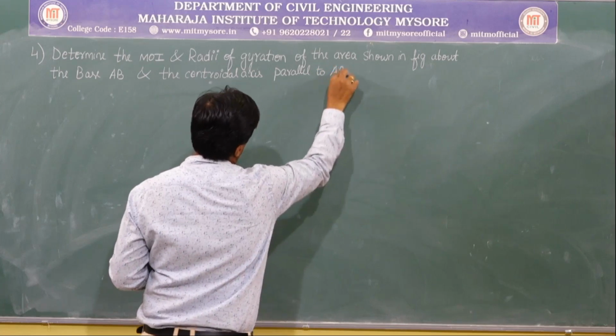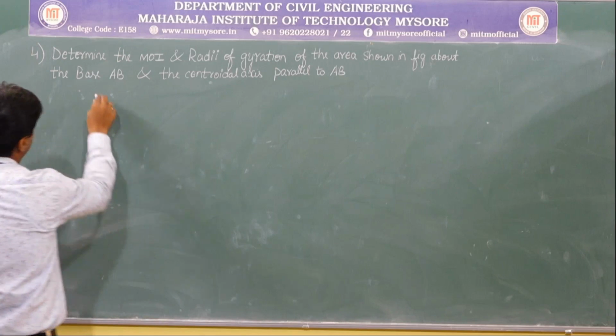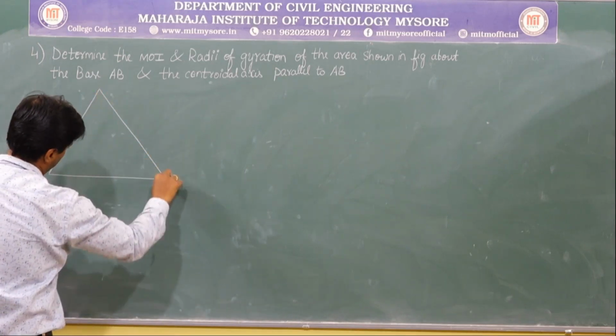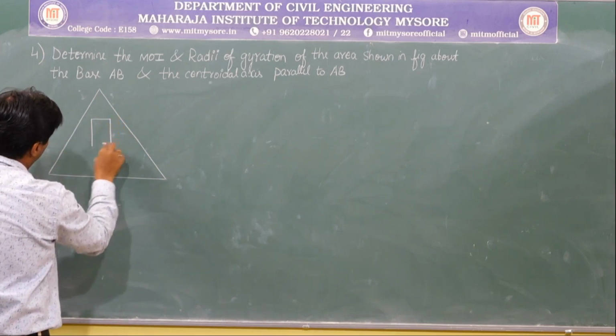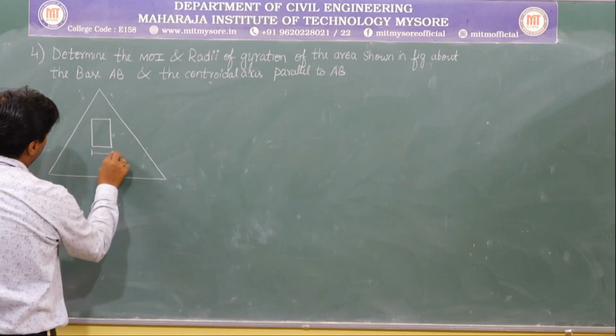This is the question. Let me write down the diagram, then you will understand. So, the diagram is like this. We have a rectangular portion here. This is 20.